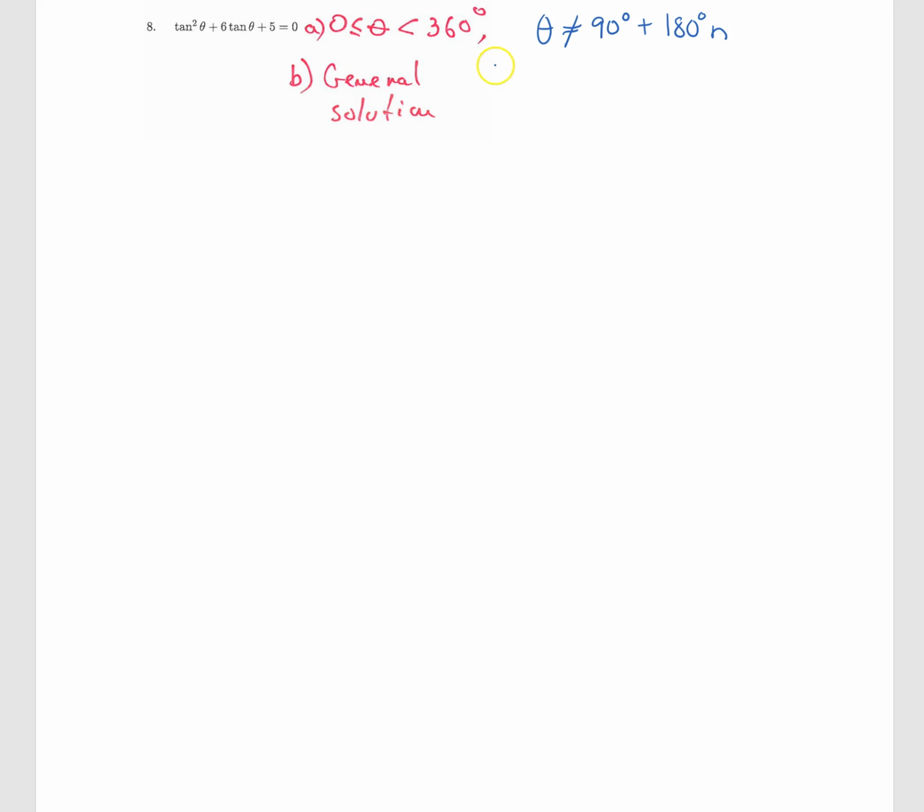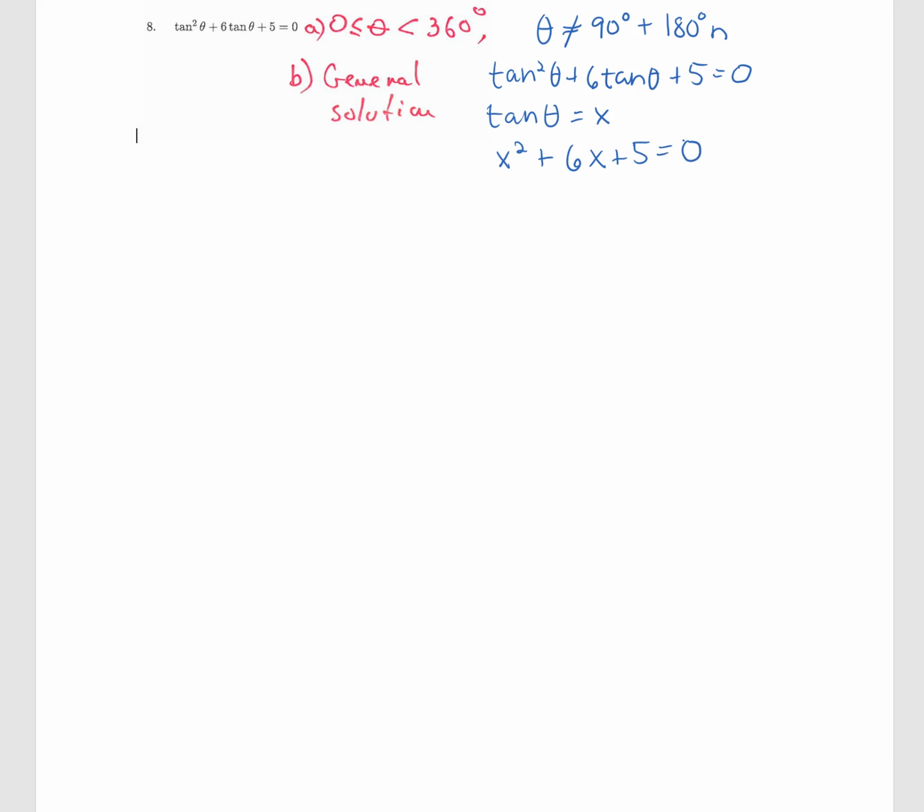So next, we want to make this a little bit easier on ourselves. What we have is tan squared theta plus 6 tan theta plus 5 equals 0. I'm going to say that tan theta is equal to x, so I can substitute x in for tan theta and make this easier to look at and solve. Substituting that in, I get x squared plus 6x plus 5 equals 0.